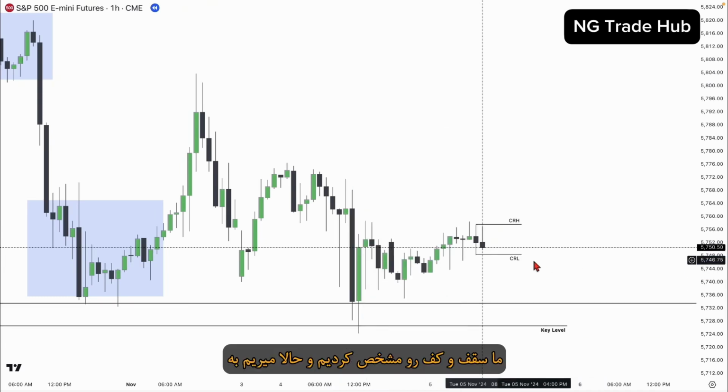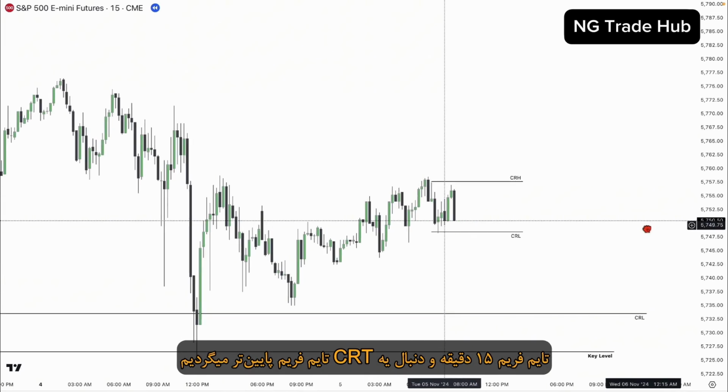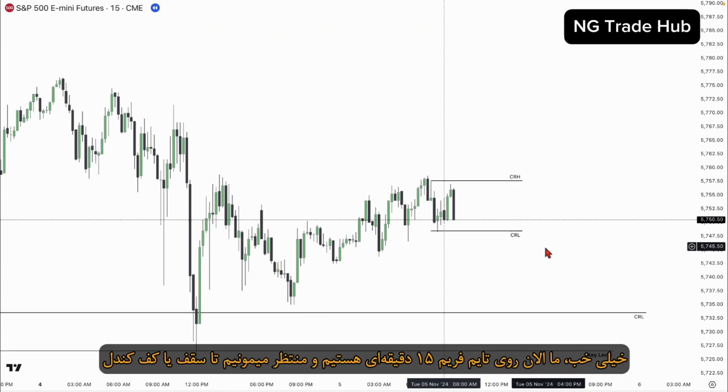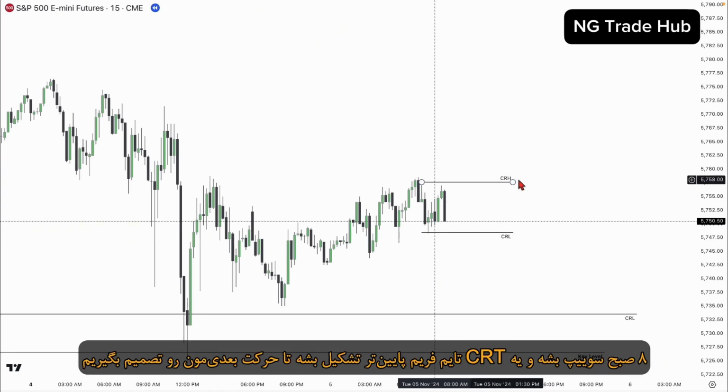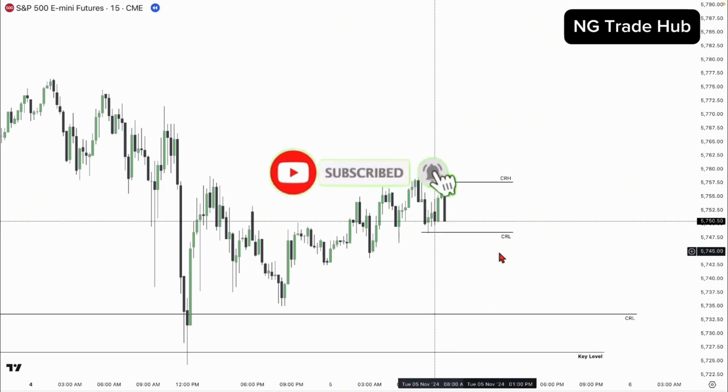We have marked the high and low, and now we switch to the 15-minute time frame and look for a lower time frame CRT. Alright, we are on the 15-minute time frame now, and we will wait for the 8 a.m. candle's high or low to be swept, and for a lower time frame CRT to form, and to decide our next move. Let's see what happens next.